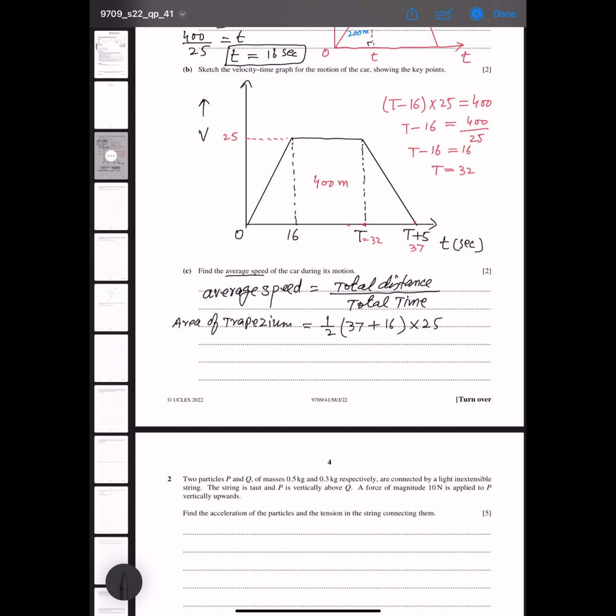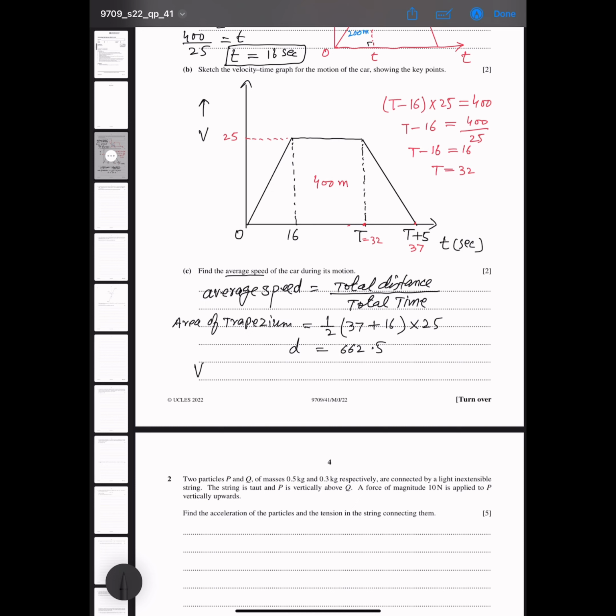The distance between the parallel sides is 25. Now after calculating we will get 662.5. This is the distance, total distance.